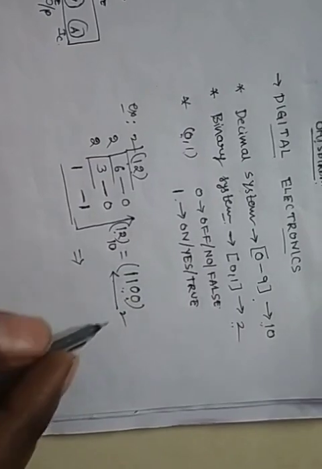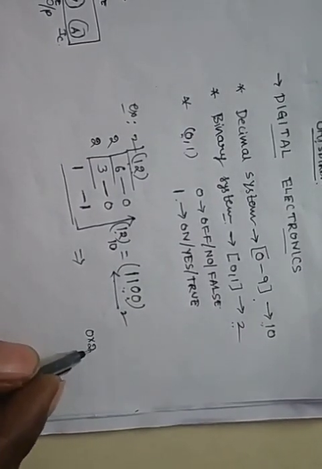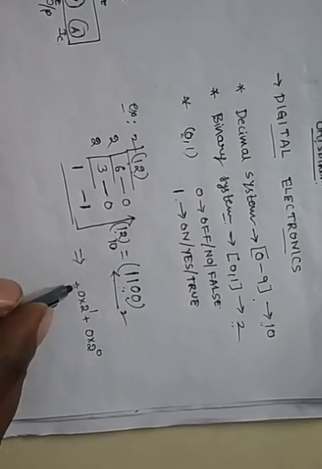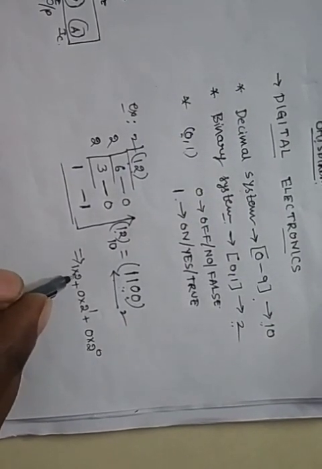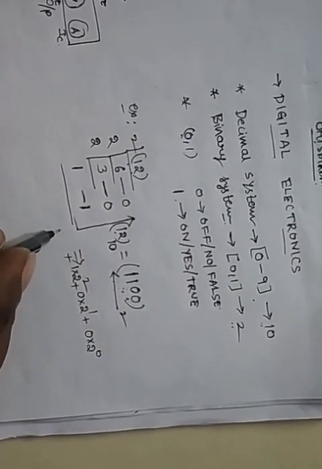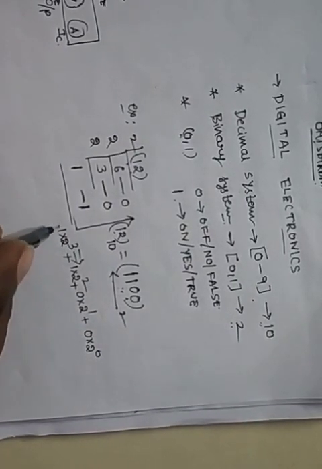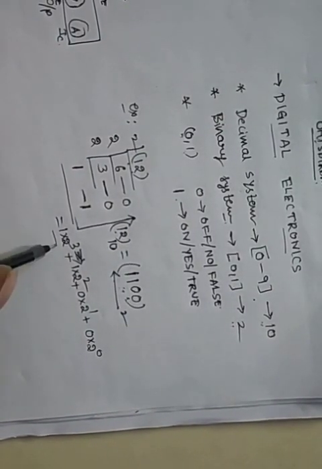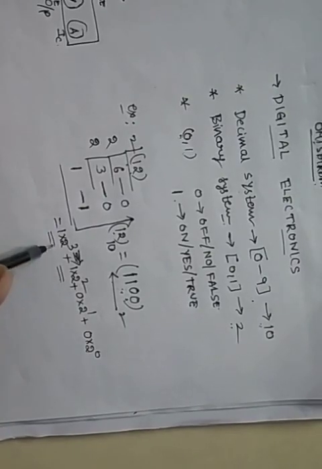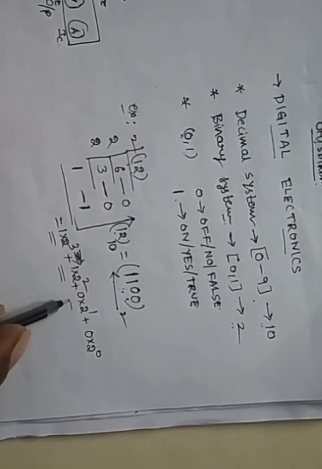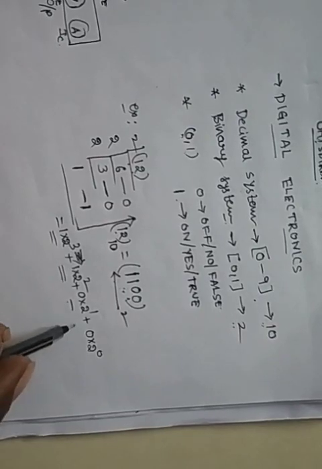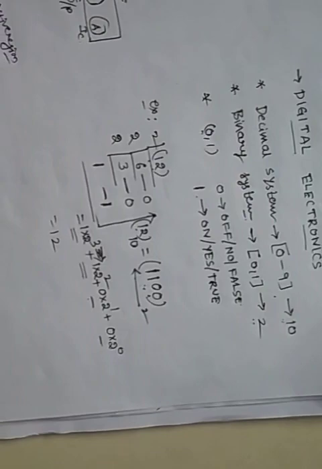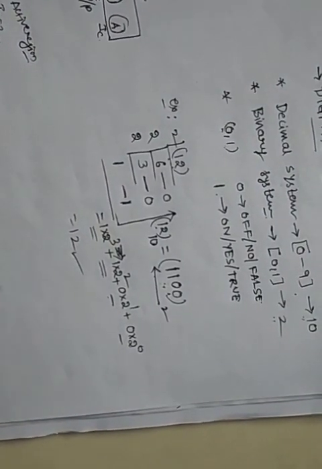That means 0 multiplied with 2 power 0 plus 0 multiplied with 2 power 1 plus 1 multiplied with 2 power 2 plus 1 multiplied with 2 power 3. This is 8, this is 4, 8 plus 4 is 12, 12 plus 0 is 12, 12 plus 0 is 12. That is 12. So our answer is correct.